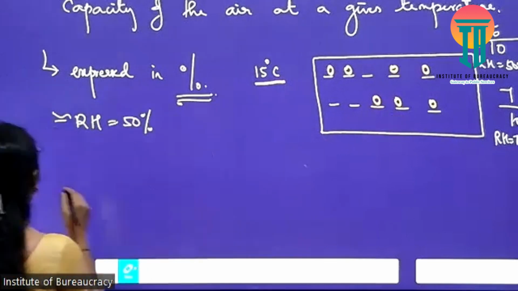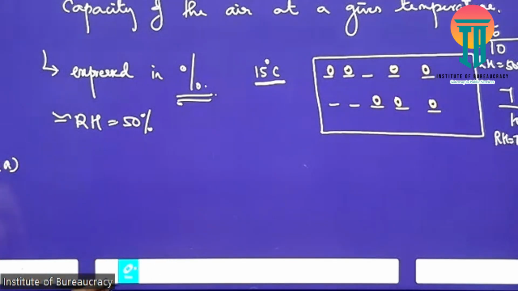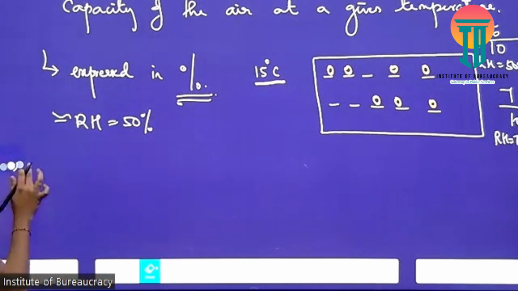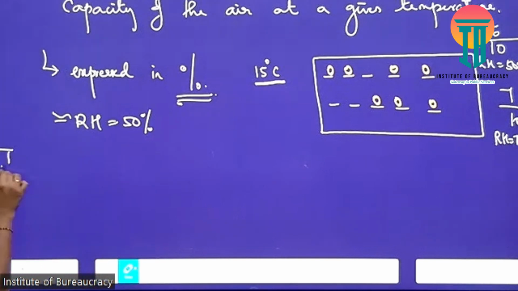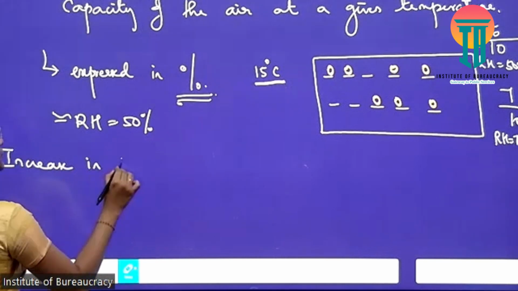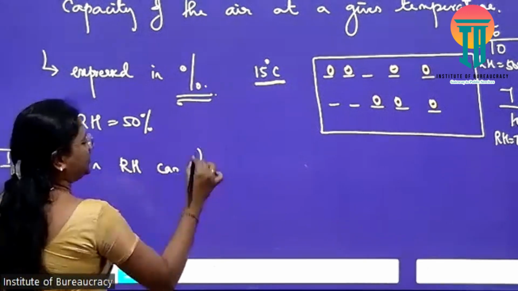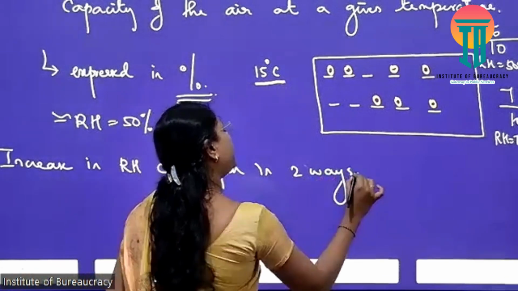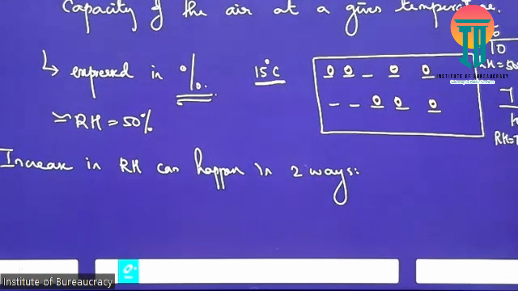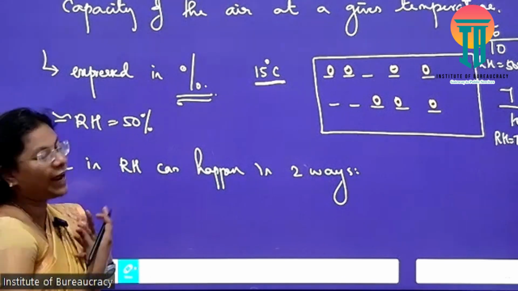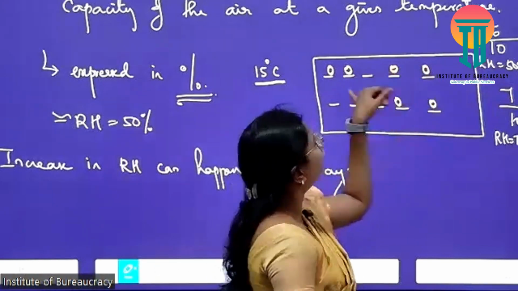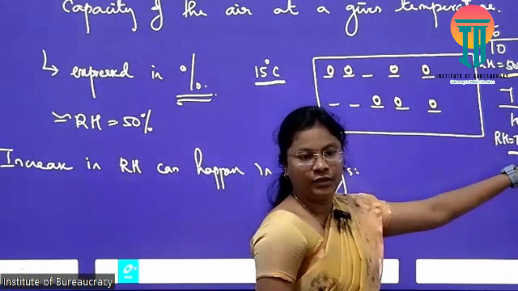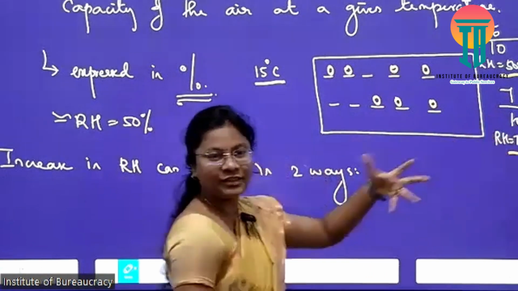The increase in relative humidity can happen in 2 ways. We can increase relative humidity in two ways. One, as water vapor keeps being added, relative humidity keeps increasing. With 5 molecules it was 50%, with 7 molecules 70%, with 8 molecules 80%.